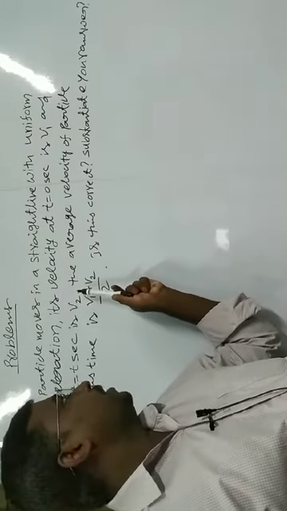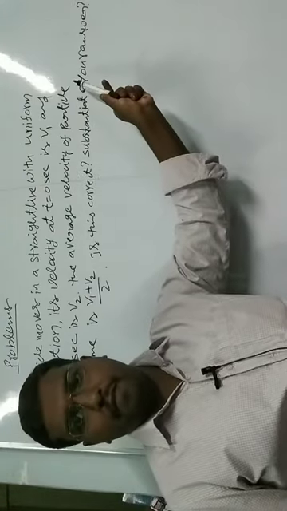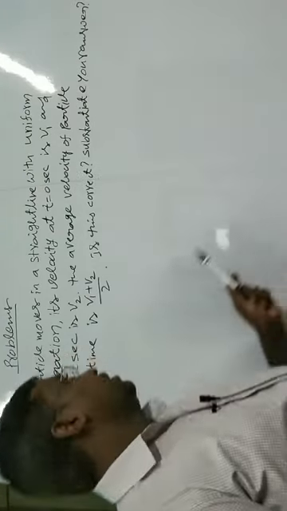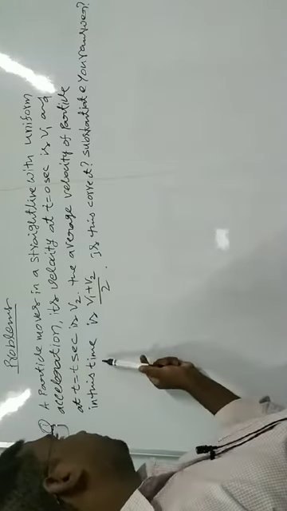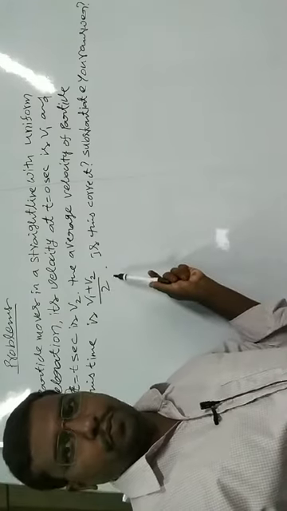So the average velocity of the particle in this time is (v1 plus v2) by 2.